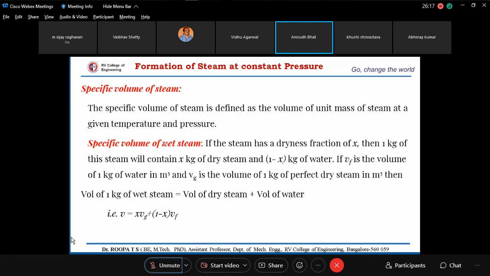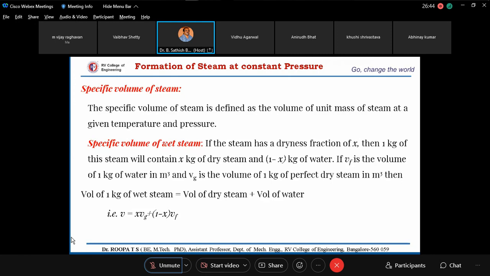Similarly, specific heat also. Here, per unit mass is the driving force. Okay. Whenever I define a property per unit mass, then we say it as a specific property. So here the specific heat or specific volume, all those things are referred with respect to the unit mass.